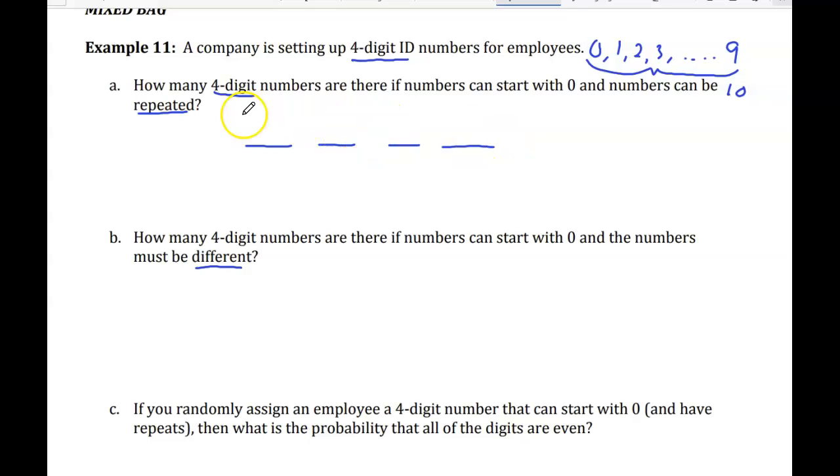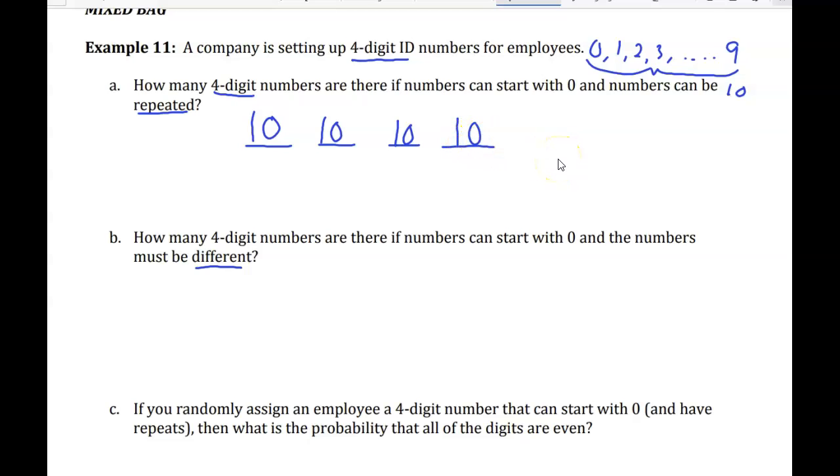And I want to know how many different numbers there are. In this place, I have 10 different numbers to select from. It doesn't matter what number I get there, in this place I also have 10 different numbers to select from, and 10 here, and 10 here.